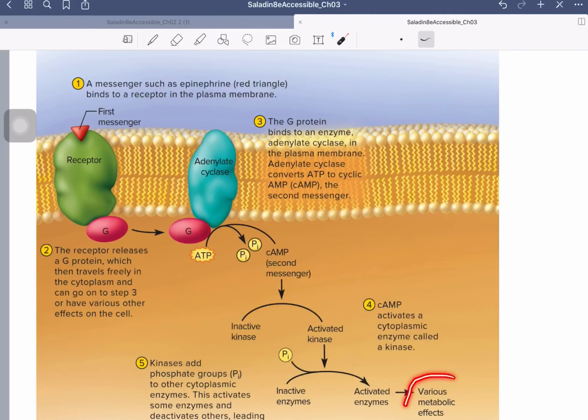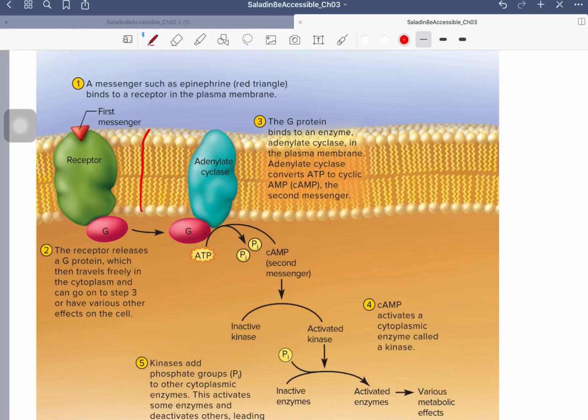Now, just a little side note: we don't want the first messenger to stick around forever, because it'll keep trying to reactivate the receptor. In previous slides, we talked about membrane receptors and membrane enzymes.